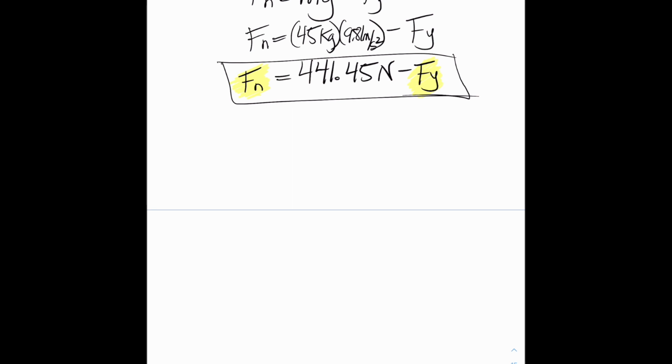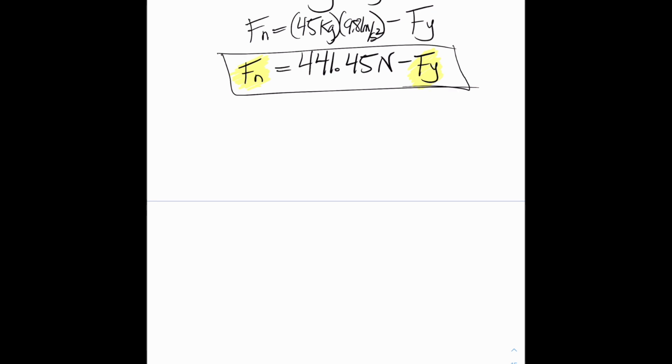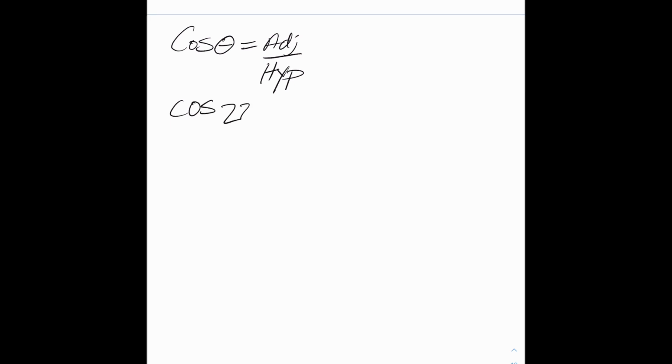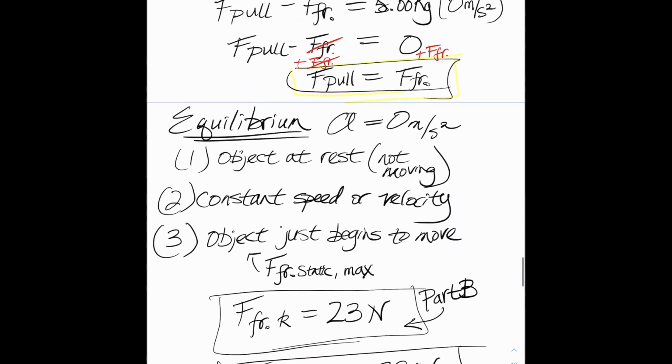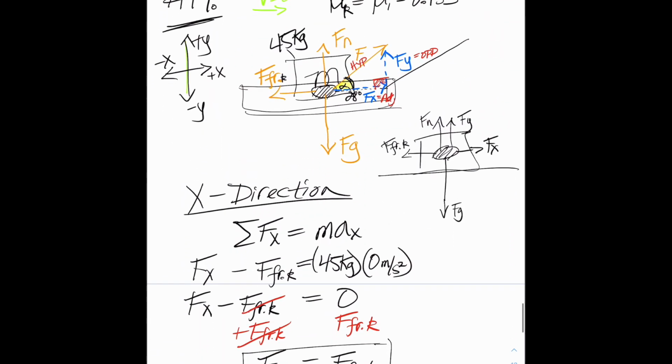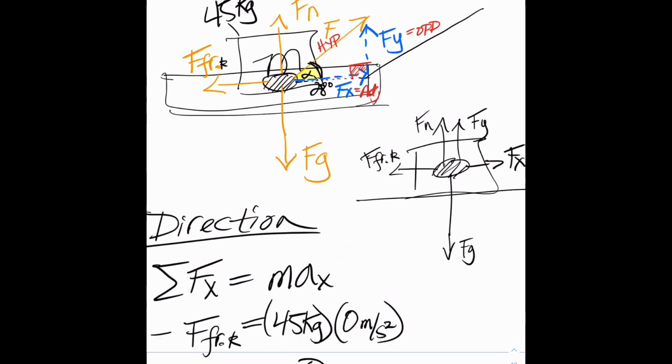So I think we said last time that cosine theta equals adjacent over the hypotenuse. And so we can say cosine of, I think it was 28 for some reason. Let me go look. Memory is not great here. Yeah, 28 degrees is alpha.